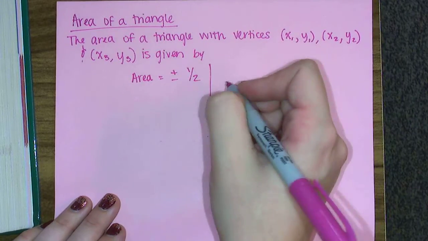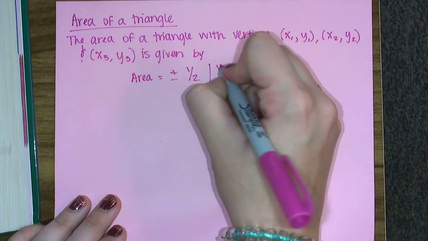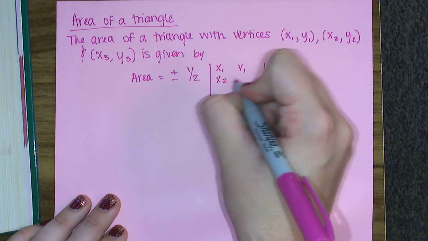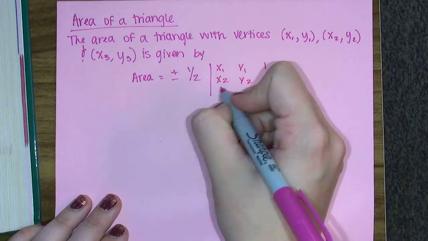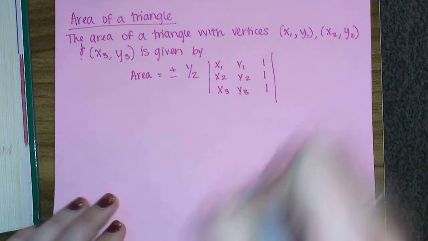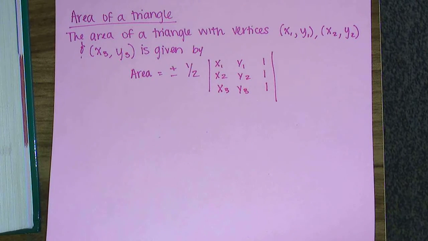Across, the way this reads is x1, y1, 1, x2, y2, 1, x3, y3, 1. And before you ask me why, it just is.